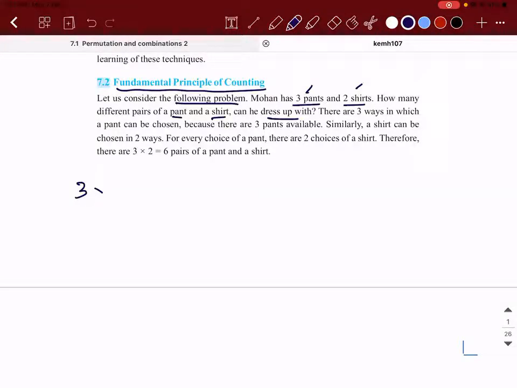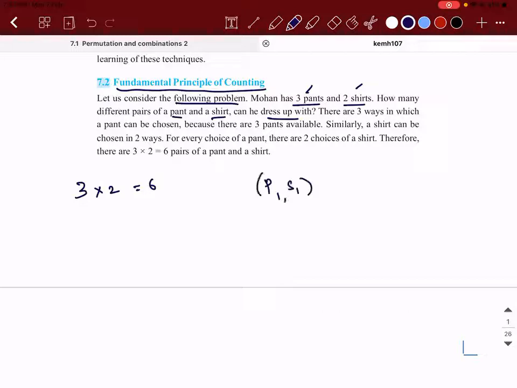The name of the topic says fundamental principle of counting. Counting, according to me, is a sum, but I did multiplication here. So can you give me the logic behind it? That is because pant 1 can be worn with shirt 1 and shirt 2.